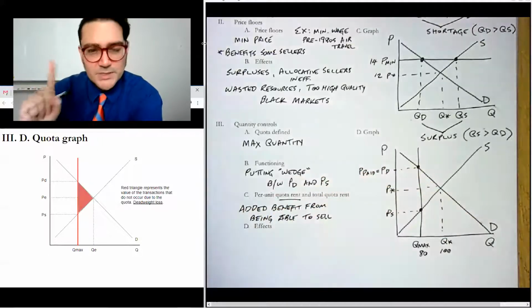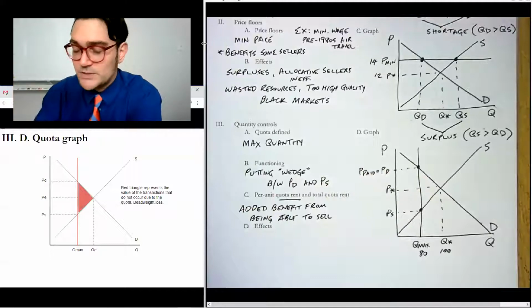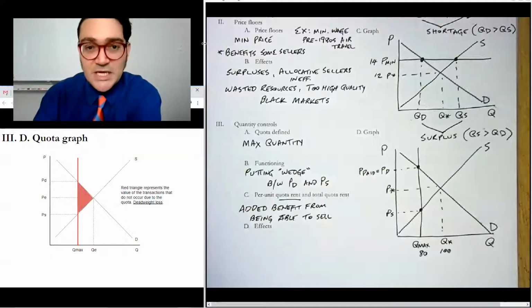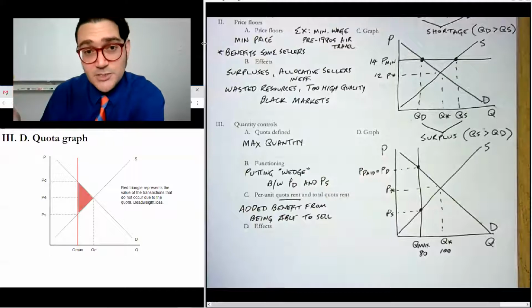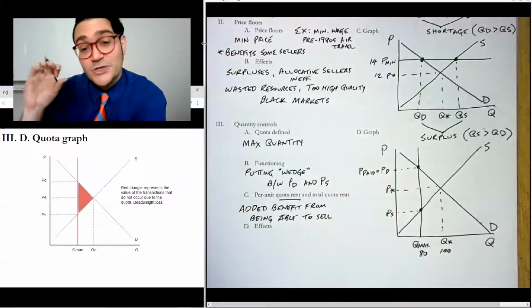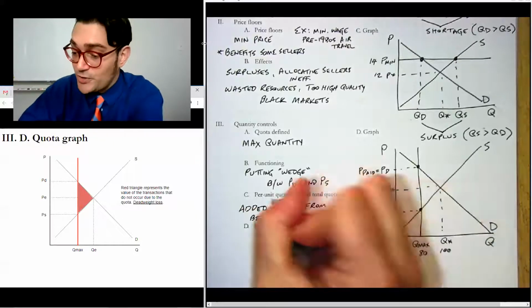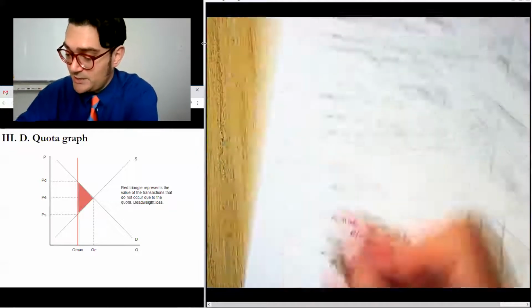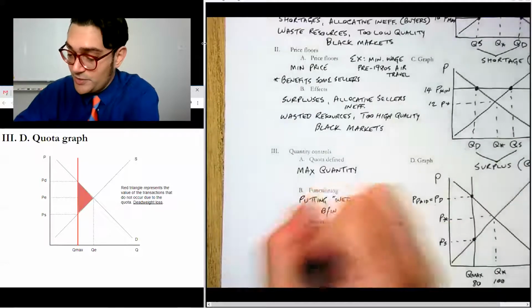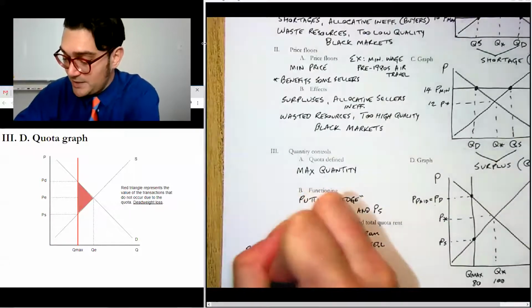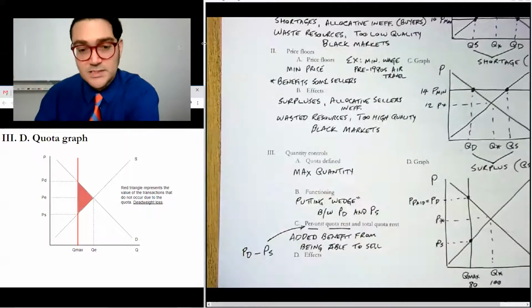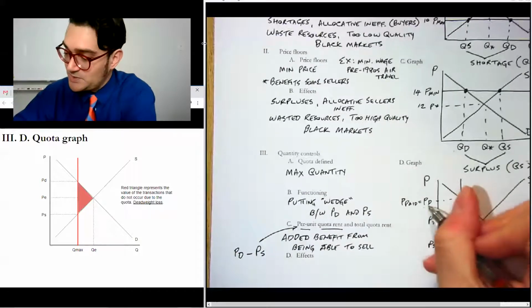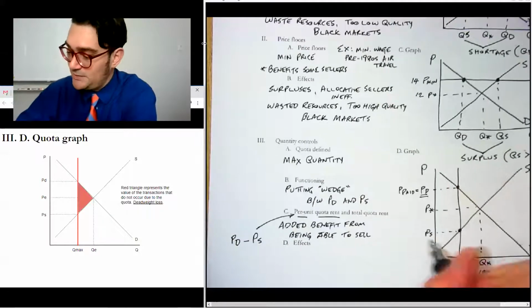So if you're one of those lucky marijuana growers or one of those lucky taxi cab drivers or whatever, and you have a license to do it, you're lucky because you can charge that extra high price. Now on a per unit basis, it's just the difference. So I'm just going to draw a little arrow and say the per unit is price demand minus price supply. So it's the difference between this price and this price.